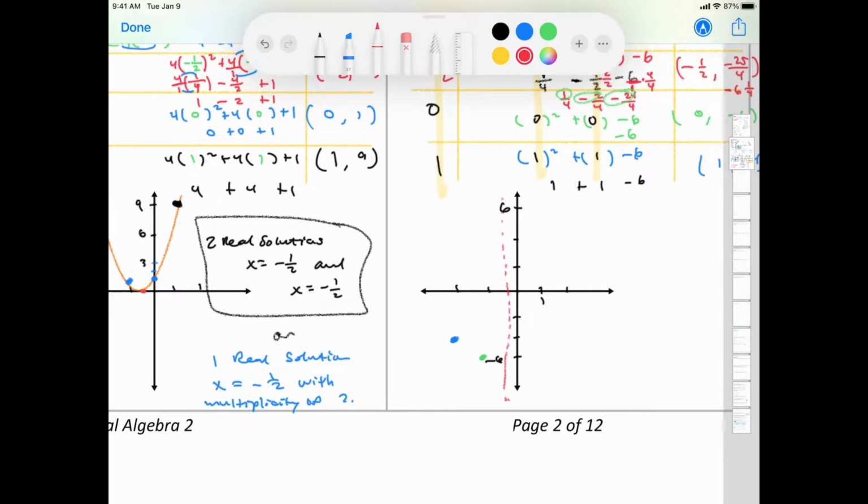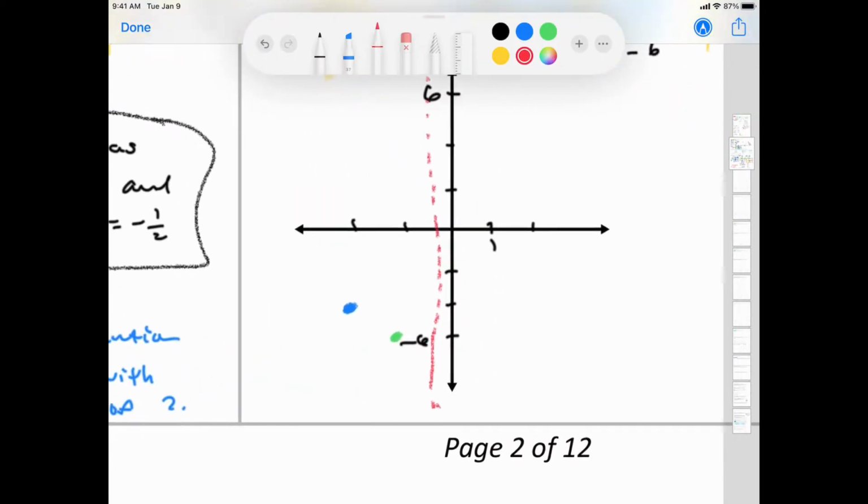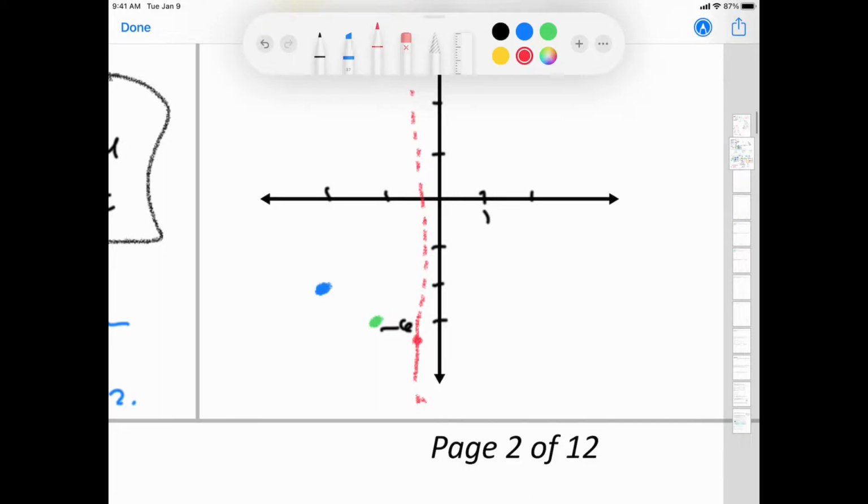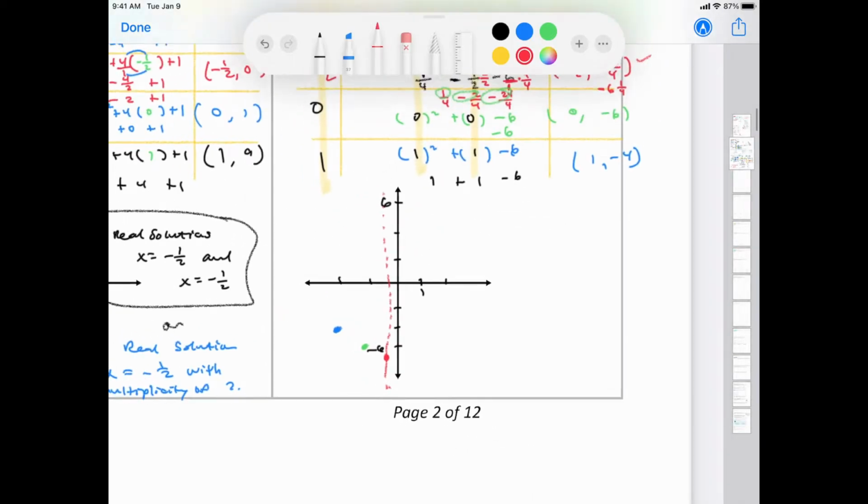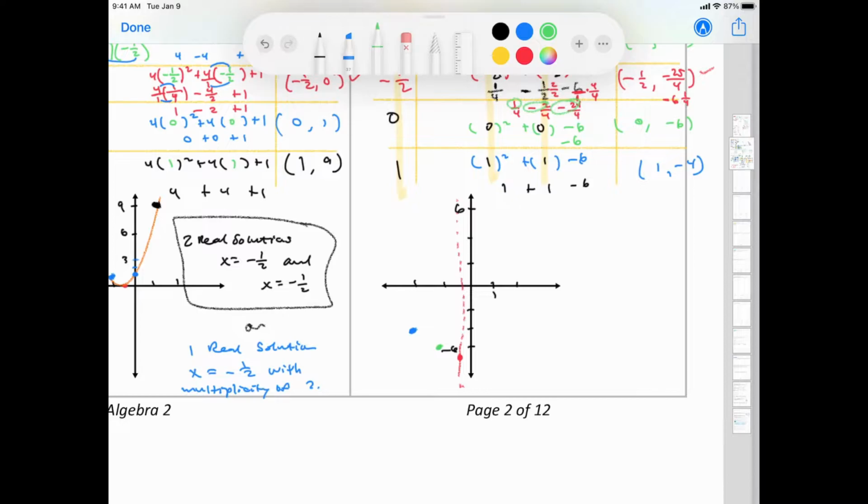And then negative 6 1/4 or negative 6.25, which means just a little bit lower. So it's right there. 0, negative 6. Stay and go down 6. And then right 1, down 4. Right 1, down 4.